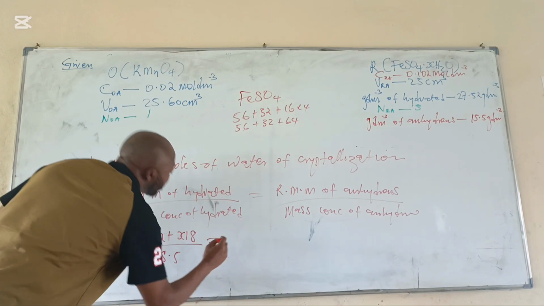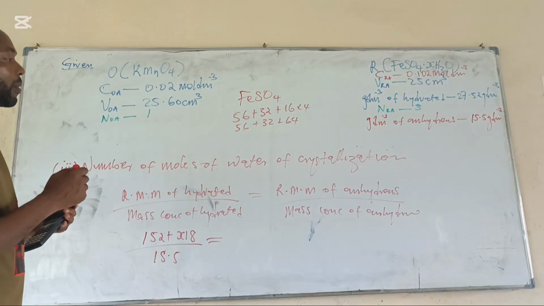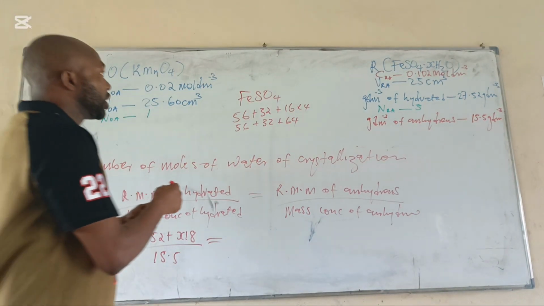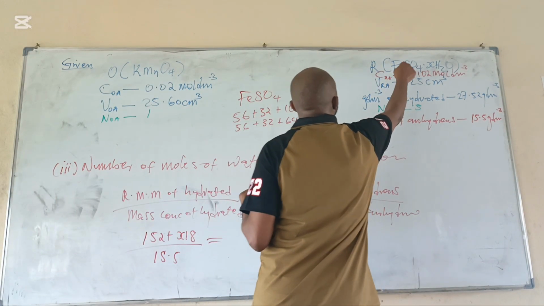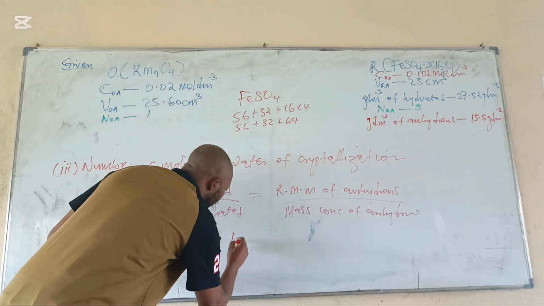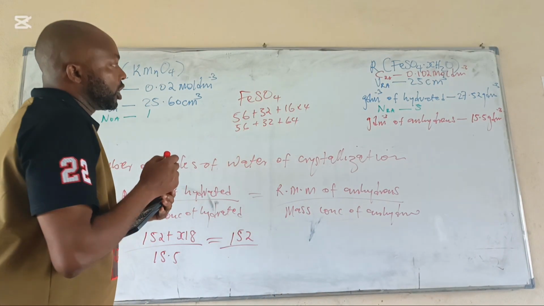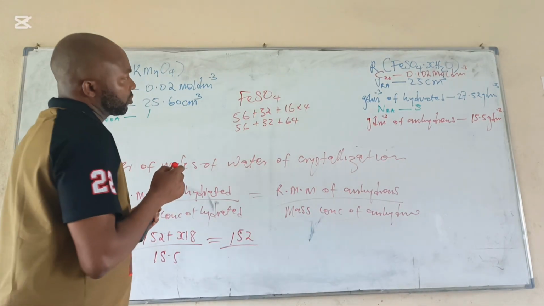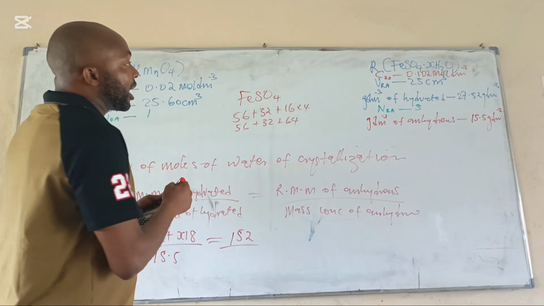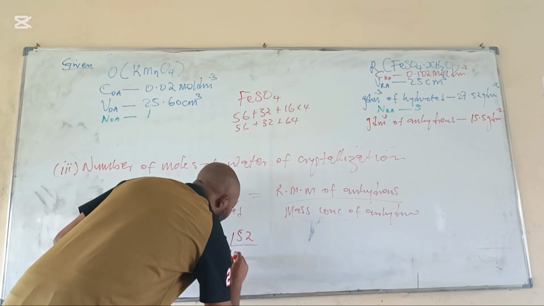15.5 is equal to the relative molecular mass of anhydrous, which is this alone, 152. Mass concentration of anhydrous is 15.5, not the other one.